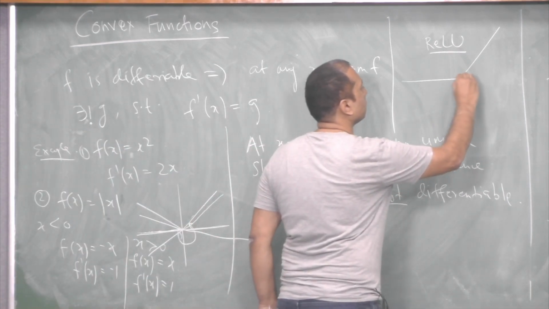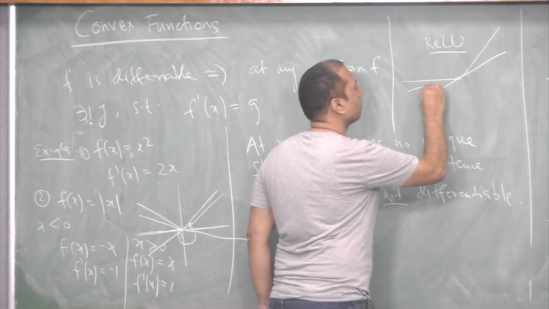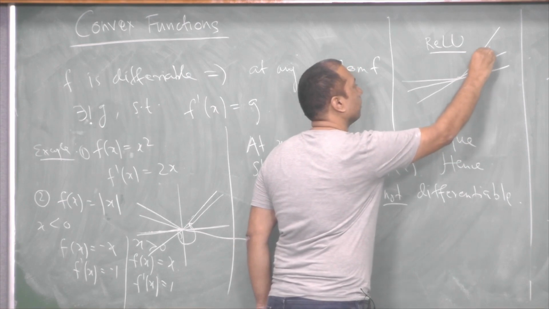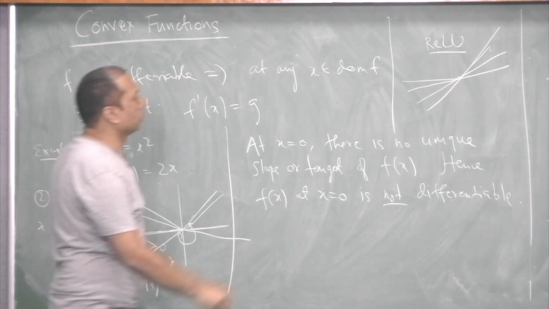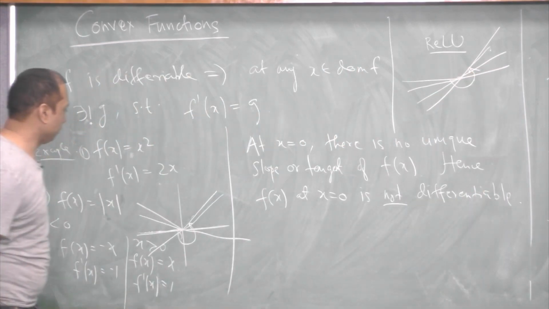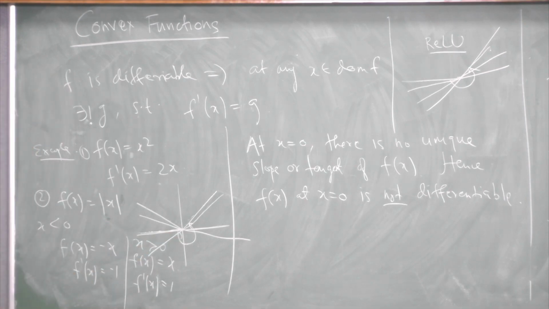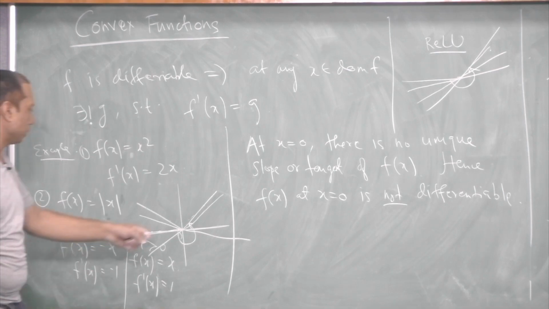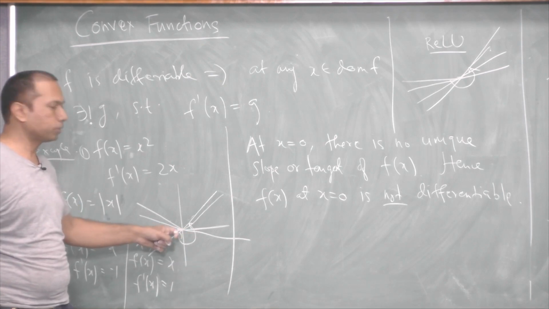So here also there is a problem, because as soon as you have a corner, you have multiple ways to find a tangent. Okay, so these are all tangents to the curve. So in this case, the slope at these values will be all possible values from here to here. Now coming back here, in this case, at x equals 0, it's not differentiable, but people have generalized this and said that okay, it's not differentiable, you have many possible values, take all those values as the slope of the function.